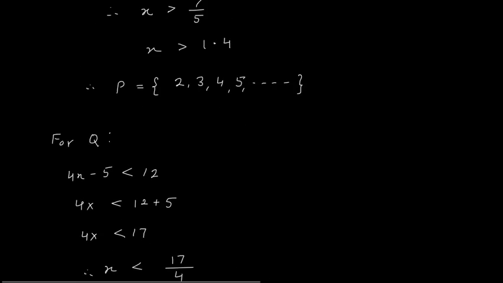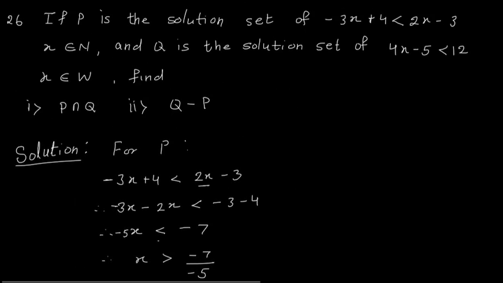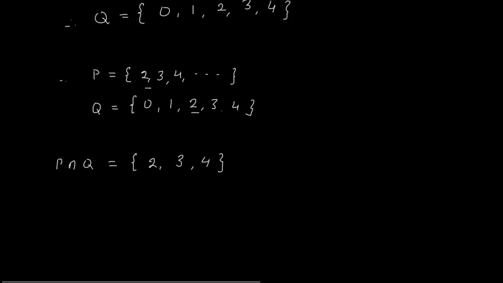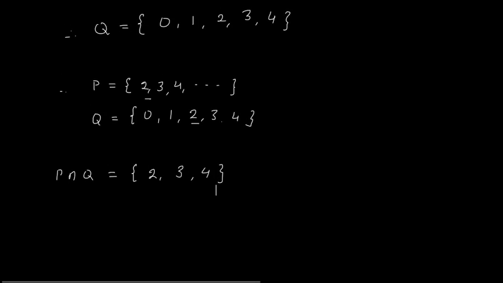Next I want Q minus P, the difference of Q from P. So here what you have to do, you write all the elements of Q, but those elements which are also present in P, you should exclude them.